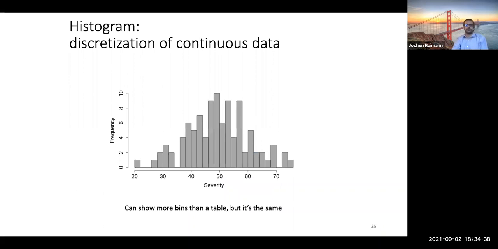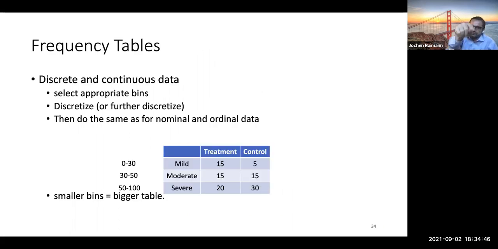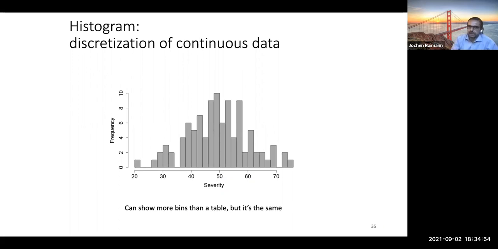And this brings us now to the histogram. So the histogram is essentially what you will use to define these pain severity groups. So if you want to find out what is a good grouping, you need to understand your data and you need to map your data out. And the mapping of data is being done with histograms.